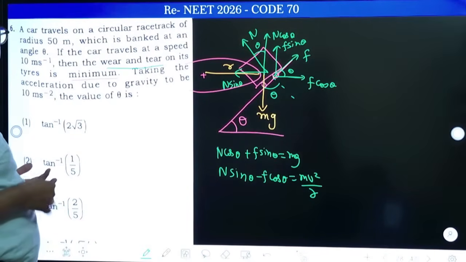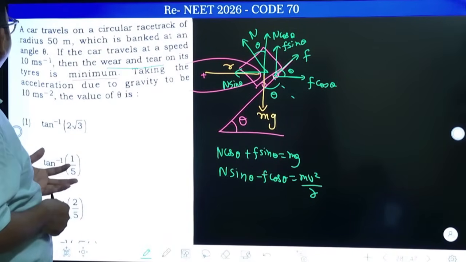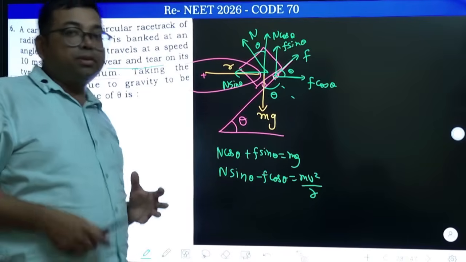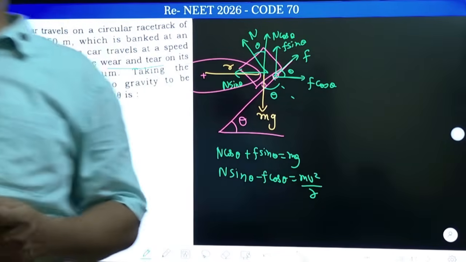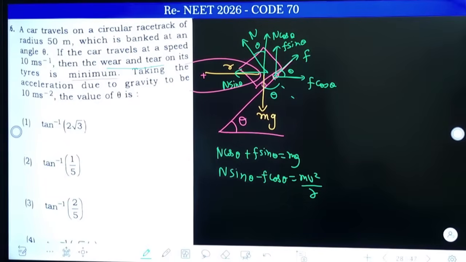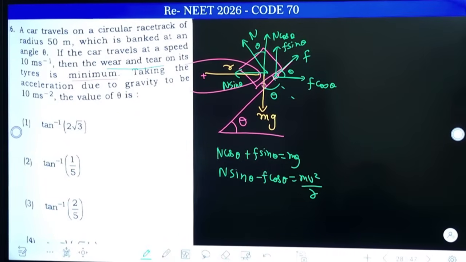Should we consider the speed at which the car travels? No, we cannot just treat speed as fixed, because speed can be maximum or minimum, and the speed will also affect the calculation.